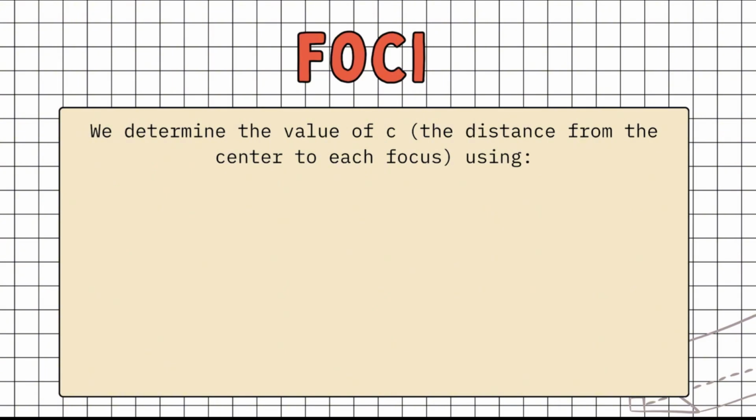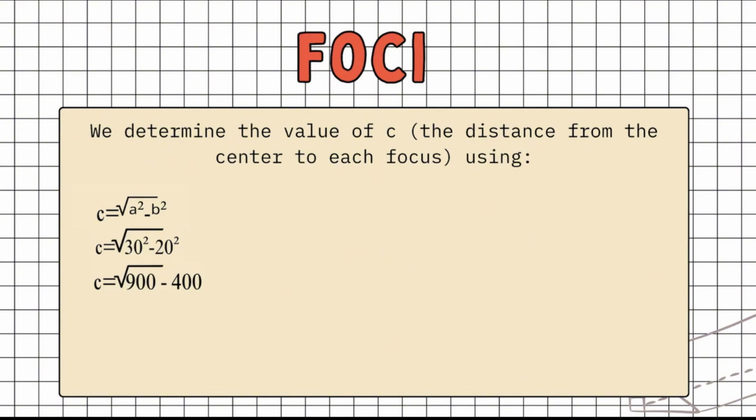To find how far each focus is from the center, we use the formula c equals the square root of a squared minus b squared. We already know a is equal to 30 and b is equal to 20, so c is equal to the square root of 30 squared minus 20 squared.